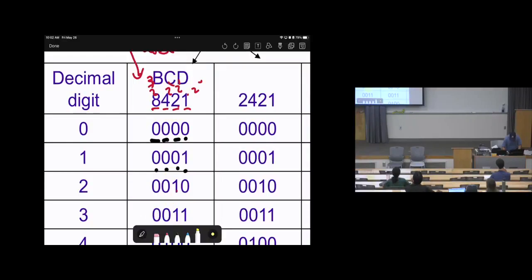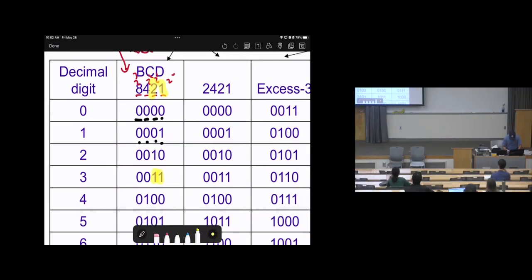Okay. The value of 1, the corresponding value is 1. 1 times 1 will be 1, right? The value of 3: 1 times 1 plus 1 times 2 will be 3.